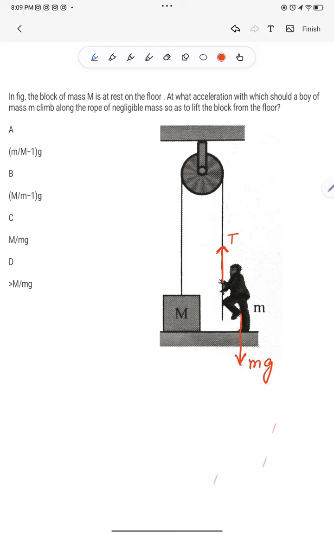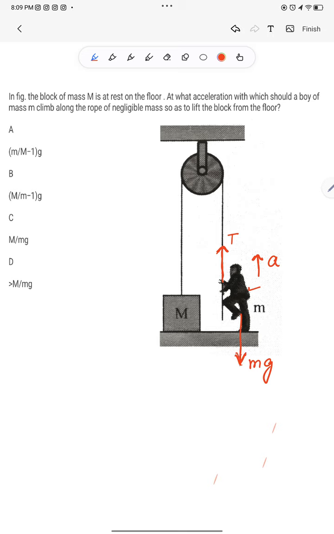The question is asking what should be the acceleration of this boy, so we can consider the acceleration of this boy upward, and let's say this acceleration is small a. So when this boy moves upward with acceleration a, two forces will act on this boy. One is tension by the rope and another is mg due to gravitation.